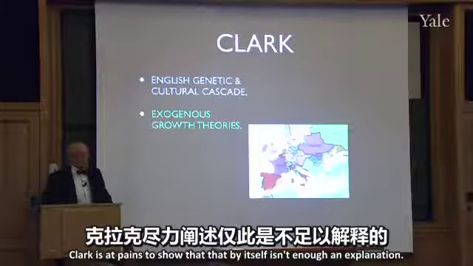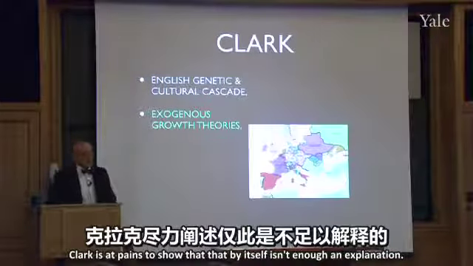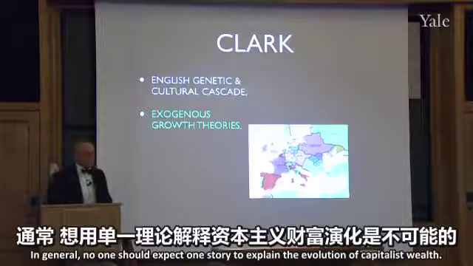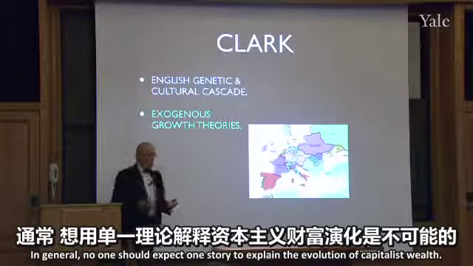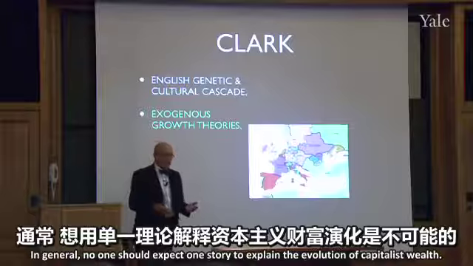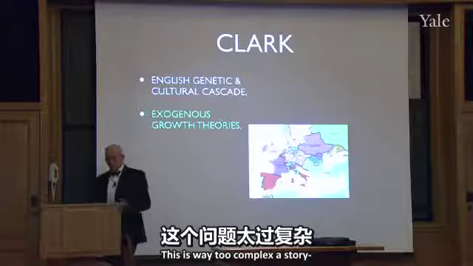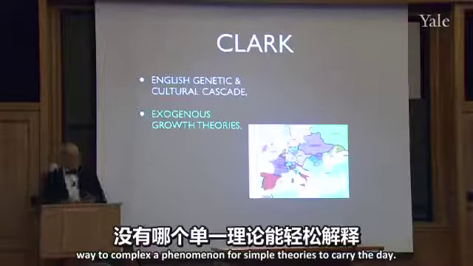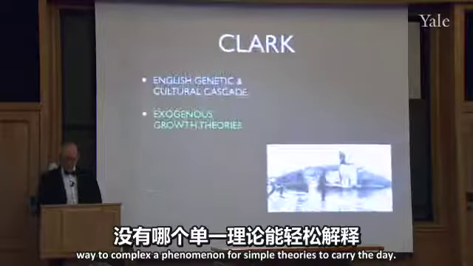Clark is at pains to show that that by itself isn't enough of an explanation. And in general, no one should expect one story to explain the evolution of capitalist wealth. This is way too complex a story, way too complex a phenomenon for simple theories to carry the day.